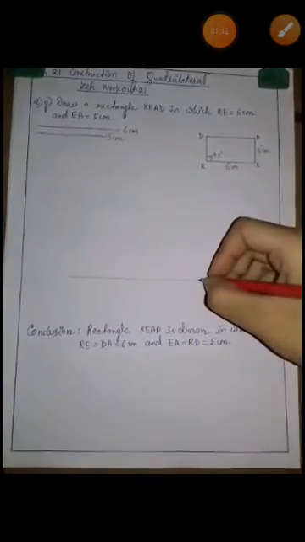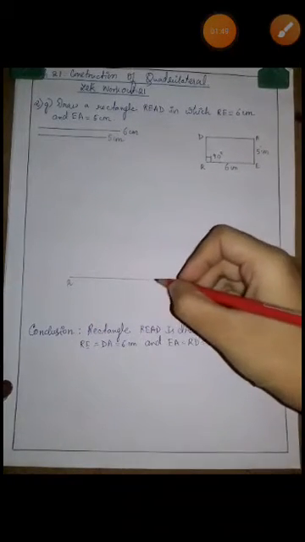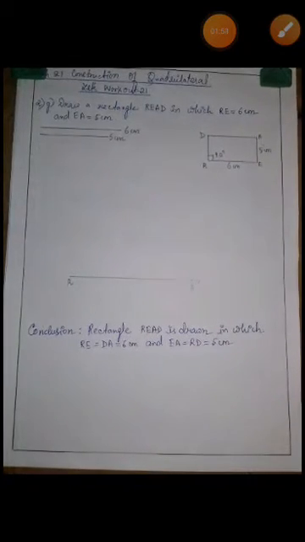Alright, you are drawing the ray. So by the rough diagram we can see we are going to mark R over here and mark a point X at the extreme end.